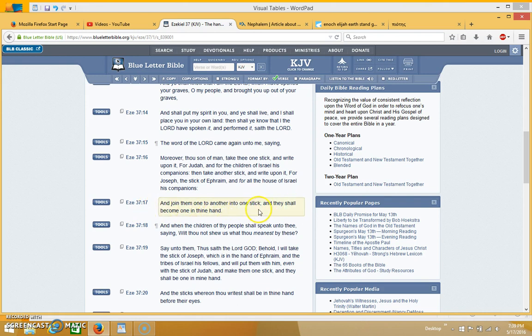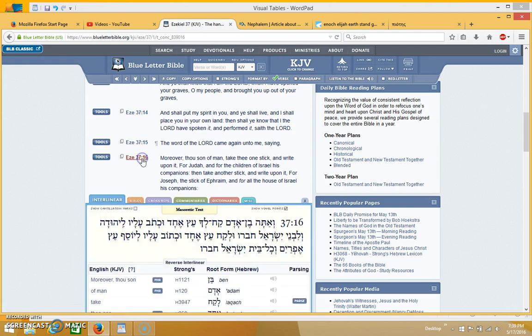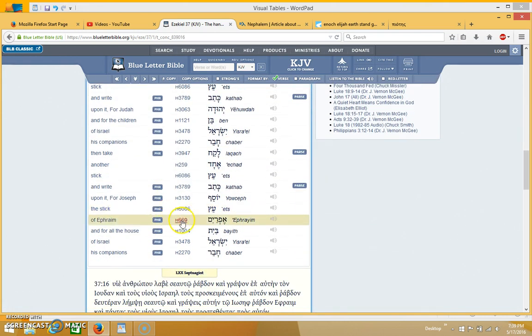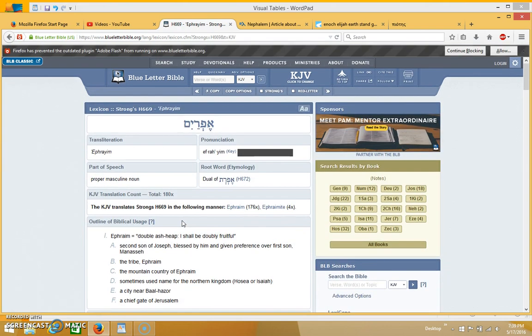And over here it talks about the 2 sticks being joined together. And it's talking about the 2 houses of Israel, which is a theme throughout the Bible. But if you look at the word Ephraim, you'll see that the word Ephraim actually represents the Gentiles.